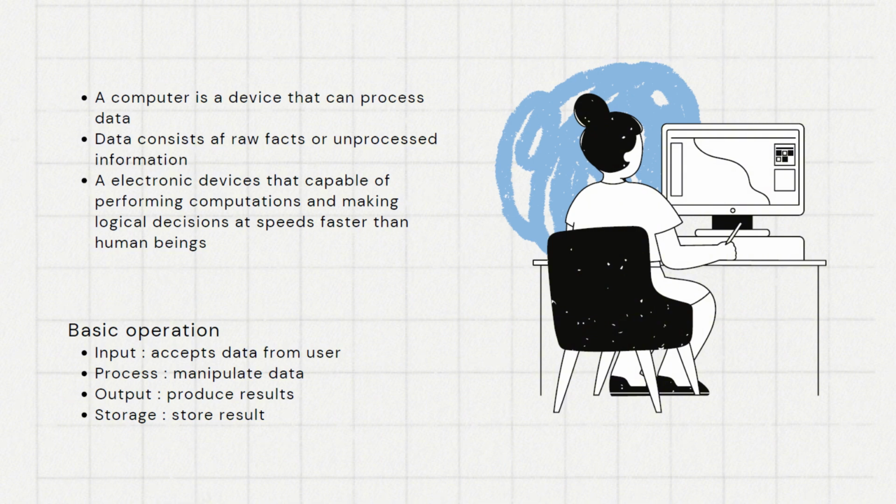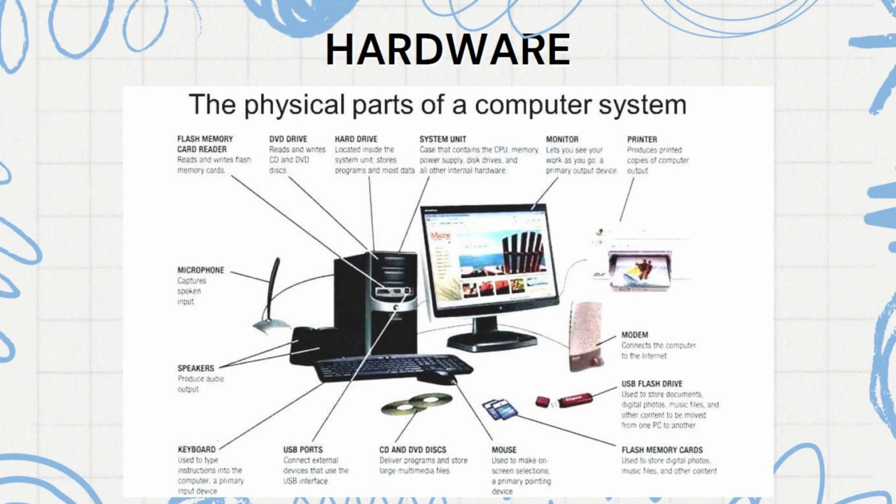After we put in the input, the computer will process and manipulate the data. After the process, the computer will produce the result, and lastly, the computer will store the result that we searched.